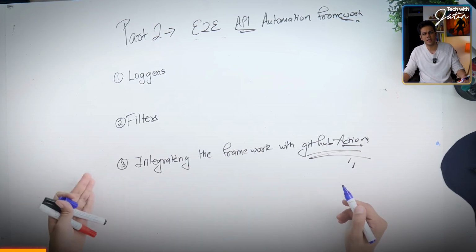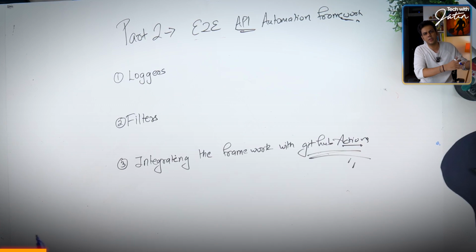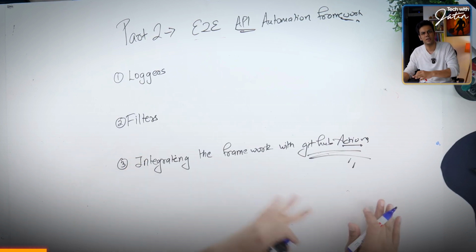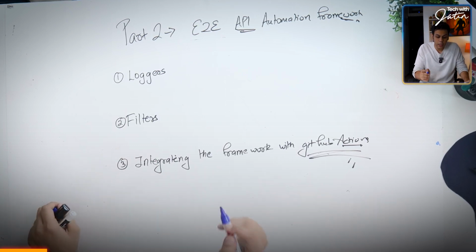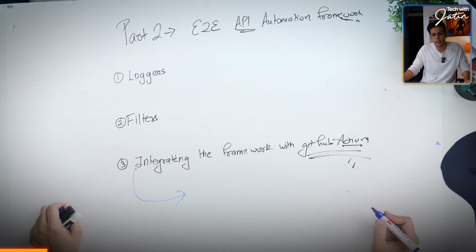The way I have created this framework is such that if you want to run it with GitHub Actions, or with GitLab Runner, or with Jenkins, the steps remain the same. Your ultimate goal is to always run the test from the terminal.